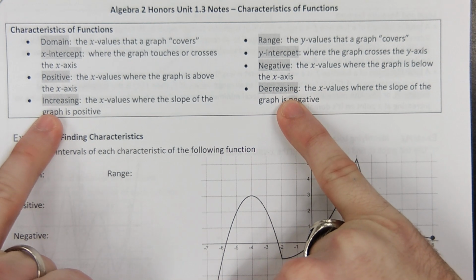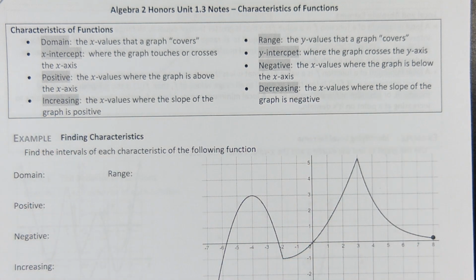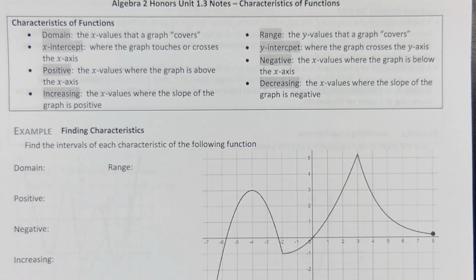Same thing for increasing and decreasing. We're using x values to describe where our graph has positive slopes or where our graph has negative slopes. And you might be asking, what do you mean by a graph having slopes? I thought that only straight lines had slopes. Well, no, not really. Even curves have slopes. For example, this curve right here, I could say has a slope.